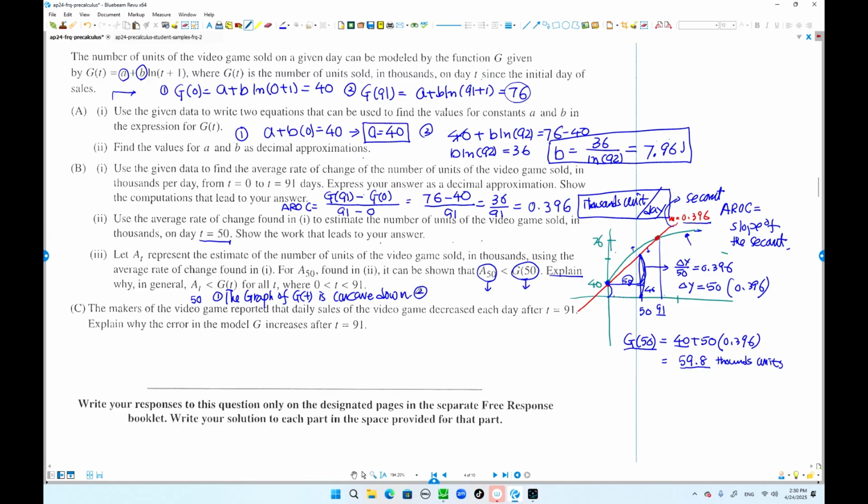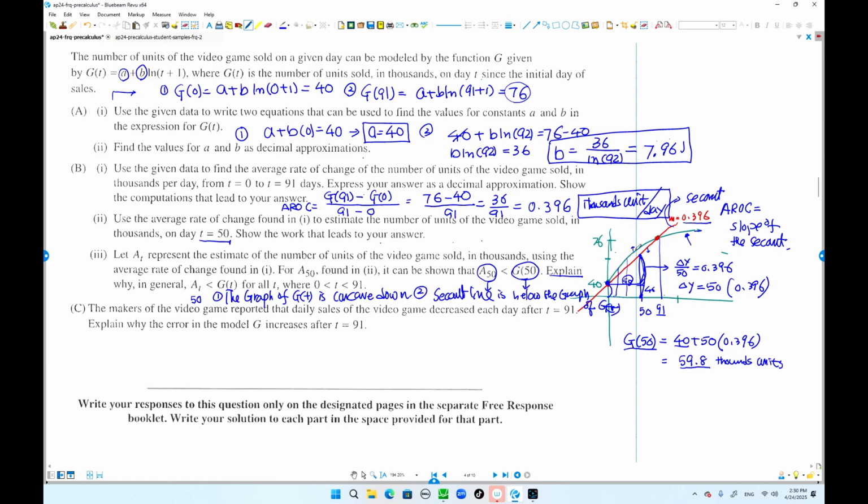Second one is the line of secant. The secant line must be below the what? Actual value, right? The graph of G(t). It's okay anywhere.